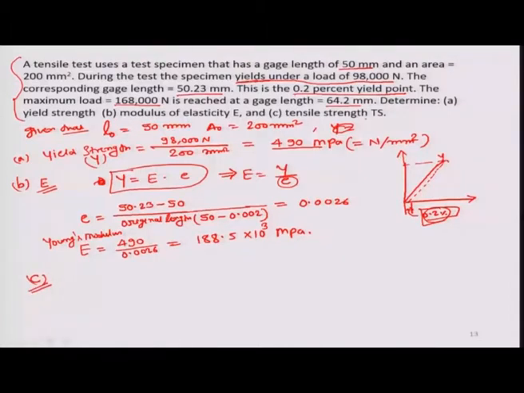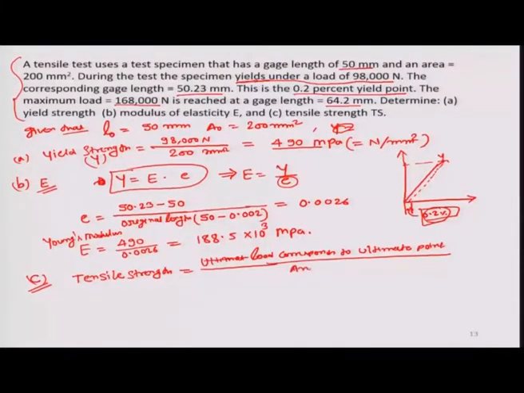Now we will calculate tensile strength. So the tensile strength of any material is equal to the load corresponding to the ultimate point divided by the area of the specimen.